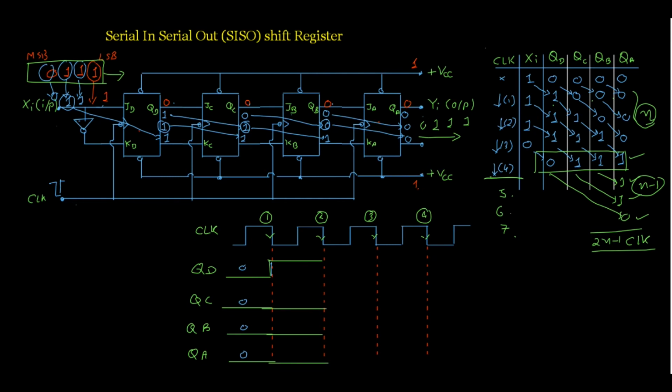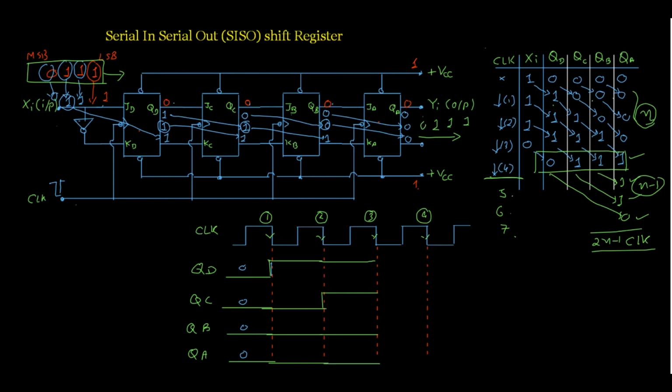When the second negative edge comes, QD is high, QC becomes high, and QB and QA are both 0.